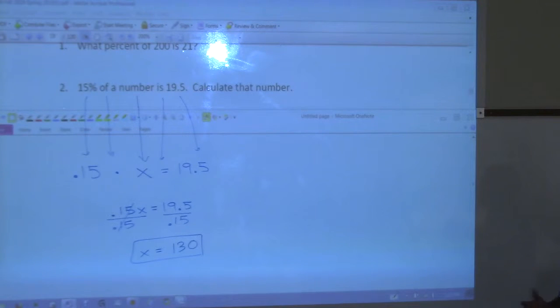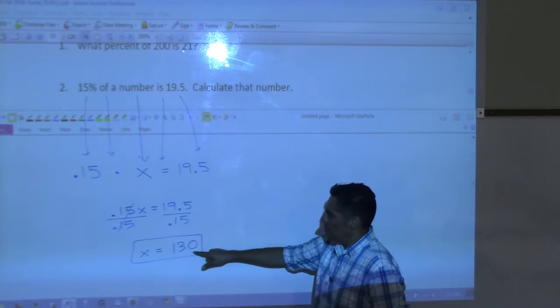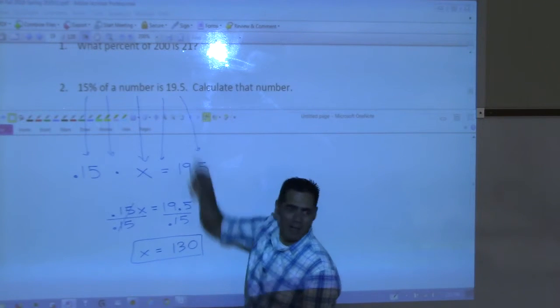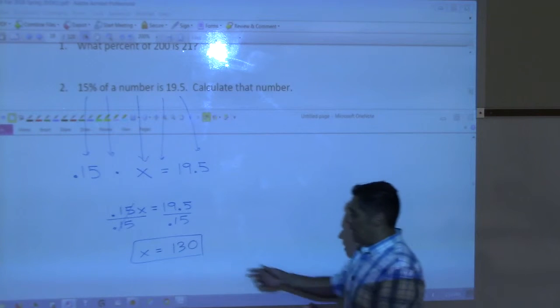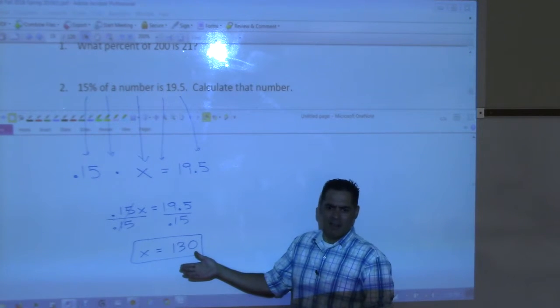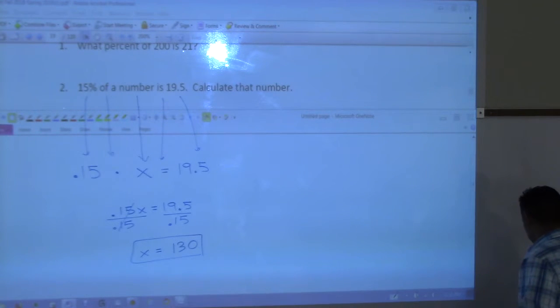It seems reasonable to me. What would 50% of 130 be? Half of it, right? 15% should be even less than that. So it makes sense to have a number around 19.5. What I'm getting at is if your answer was like -4, something is very wrong. So you want to think through it again.